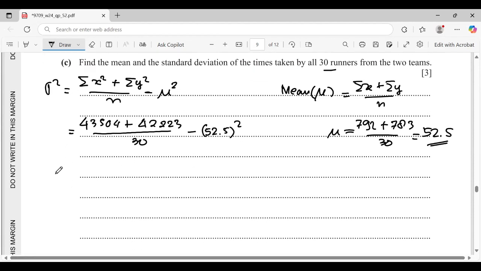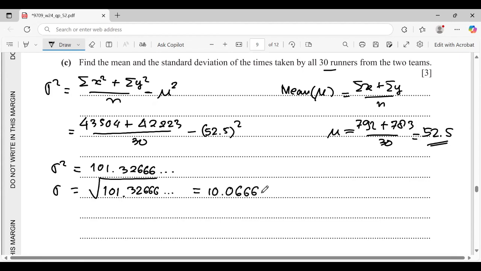And if you calculate variance, it is 101.32666. So after that, we can determine the standard deviation. Square root of variance, and the result is 10.0666, or about 10.1. This is the standard deviation.